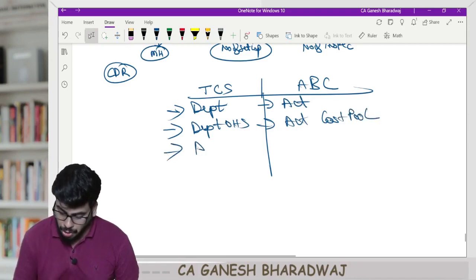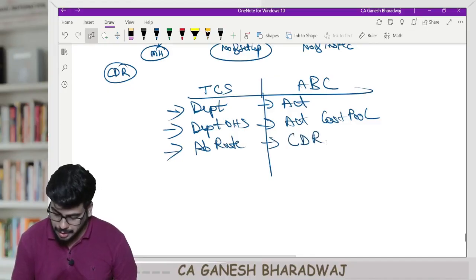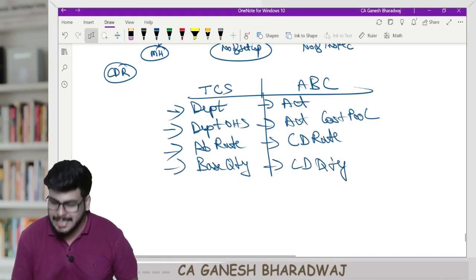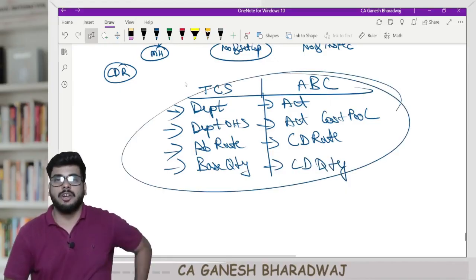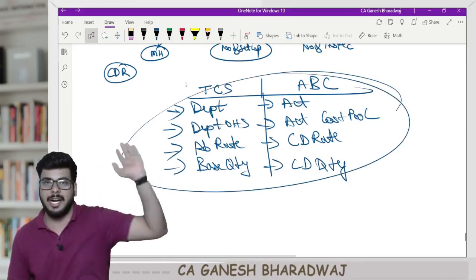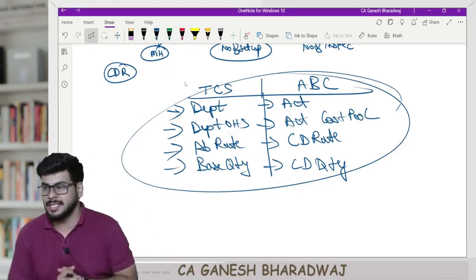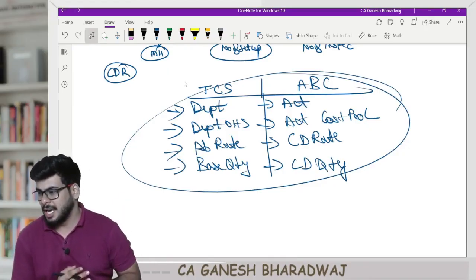Then what was called absorption rate is here called cost driver rate, and what was called there base quantity here is called cost driver quantity. This is all the difference between your traditional costing system overheads chapter and ABC, but everything else is the same, guys. Are you clear with this, guys?